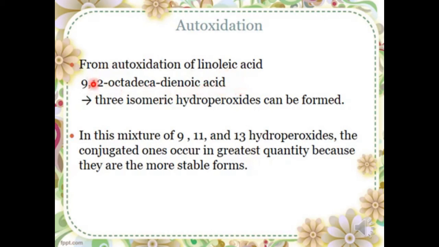So this will result in the formation of 3 isomeric hydroperoxide. And of all these 3, the conjugated one will occur in the greatest quantity due to its more stable formation.